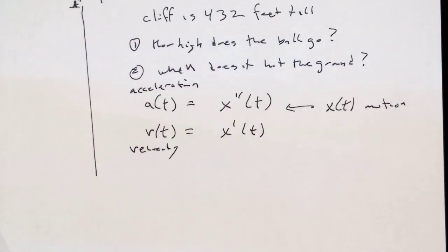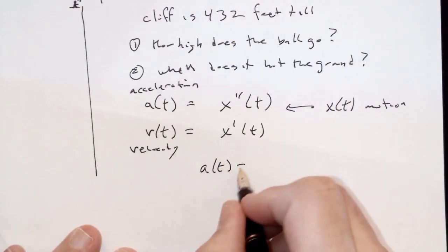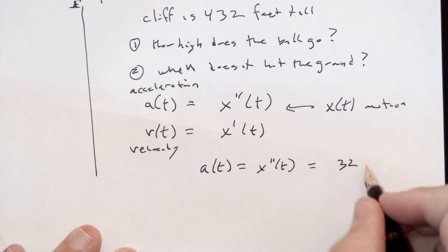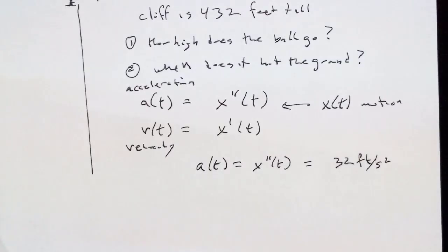I apologize in advance. The problem is taken directly from the book, so I'm not using real units. Gravity is 9.8 meters per second squared, damn it. But I'm in feet, so it's 32 feet per second squared. Now I need to make an executive decision.